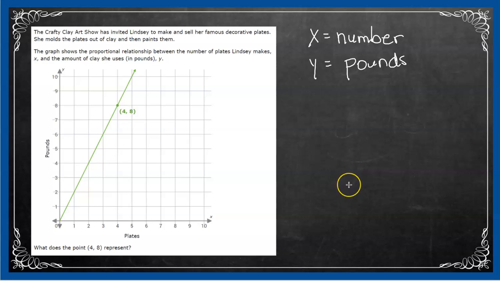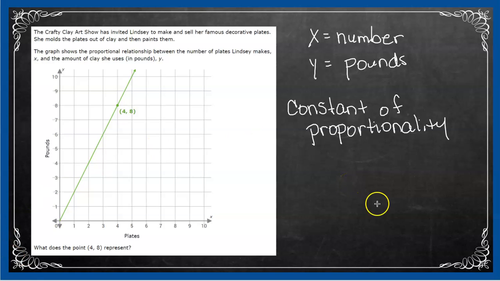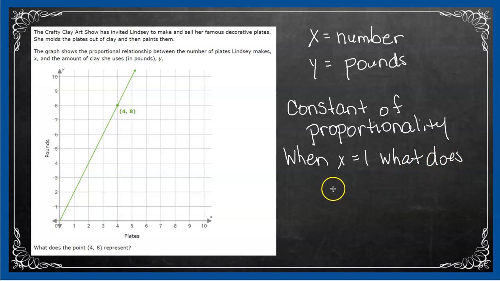If you look at this graph, constant of proportionality, when it comes to looking at a graph, what this is asking us is, when x equals 1, what does y equal? That is the constant of proportionality. Remember, it's also the unit rate. So we want to find out what is y when x equals 1.